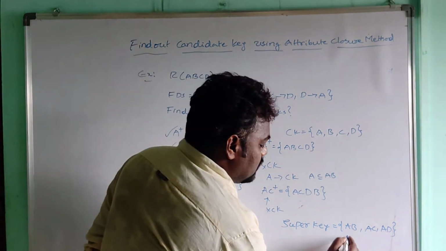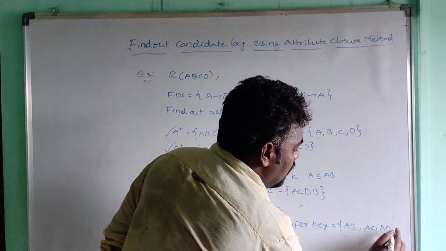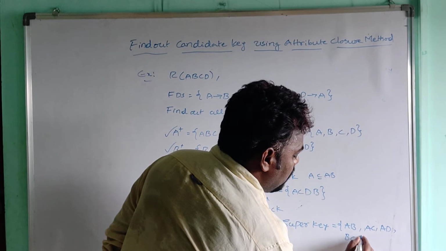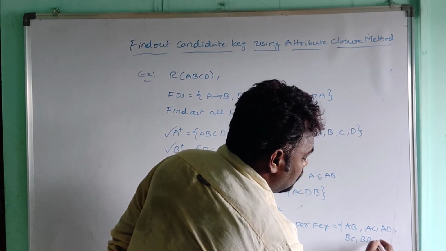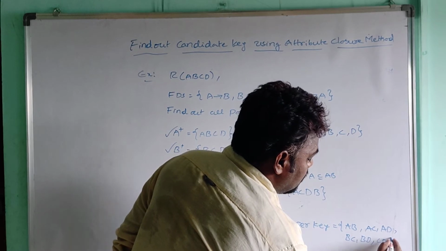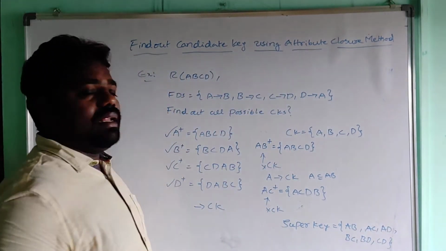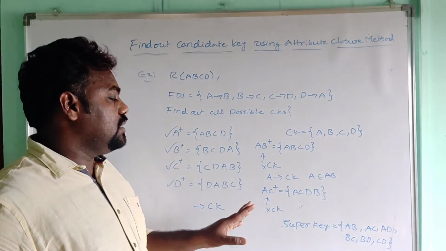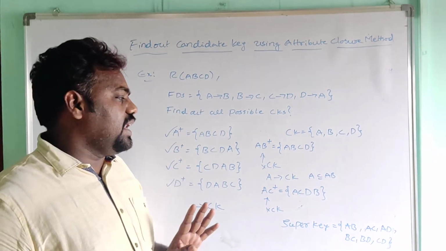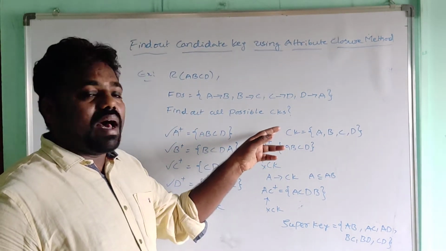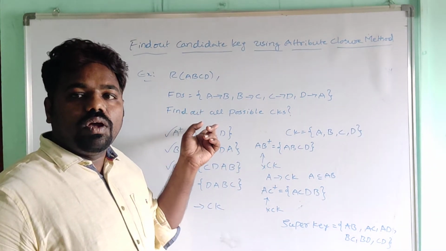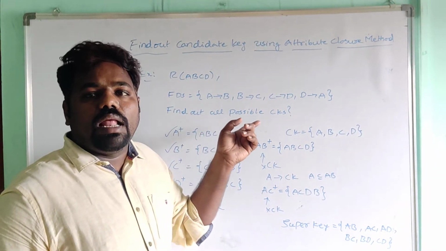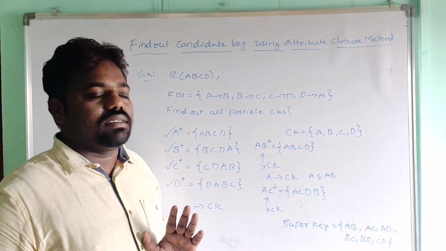We can also take B comma C, B comma D, and CD. These all are super keys of the given relation. But what are the possible candidate keys? Here our main goal is to find all possible candidate keys.